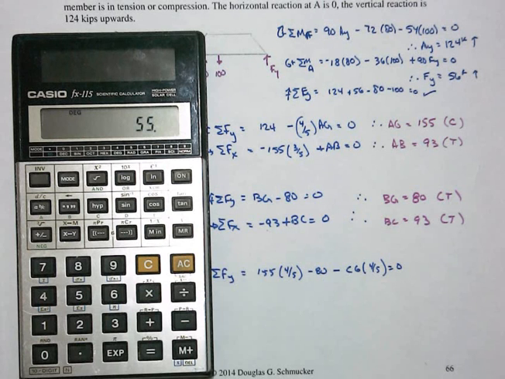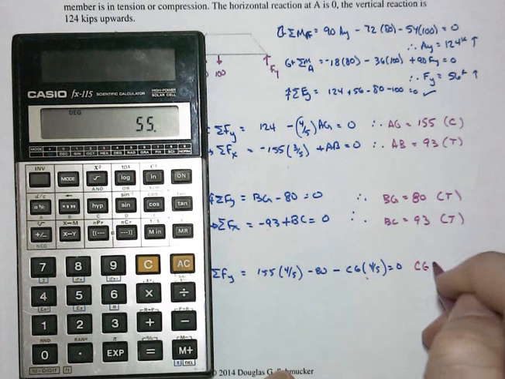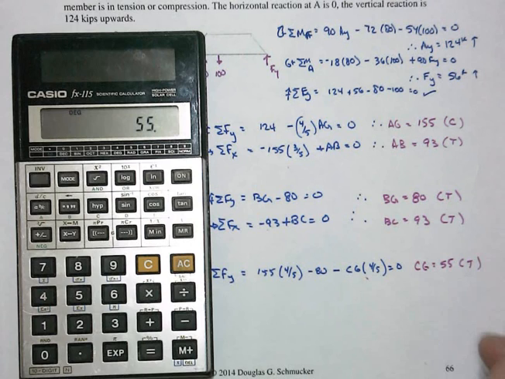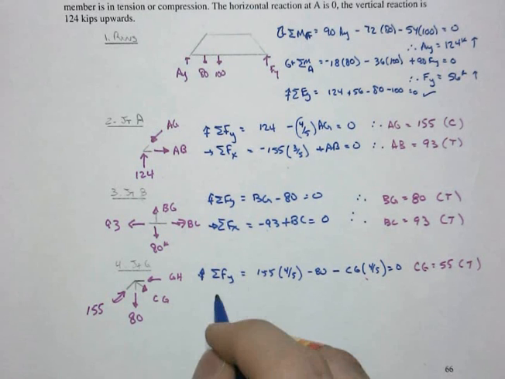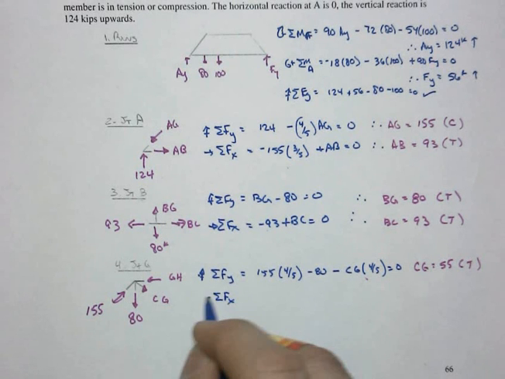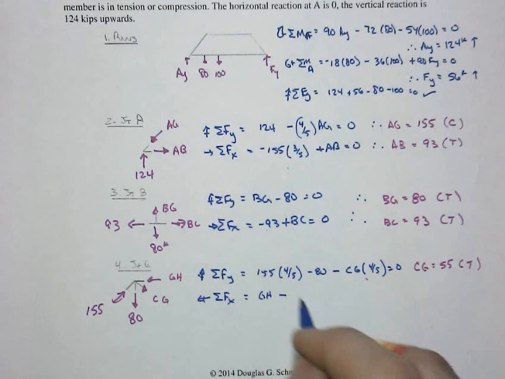Then we're going to do sum of forces in the X. Let's take the left positive. We get GH minus 155 times 3/5, right, that horizontal leg, minus our 55 that we just found times 3/5, equal to 0.